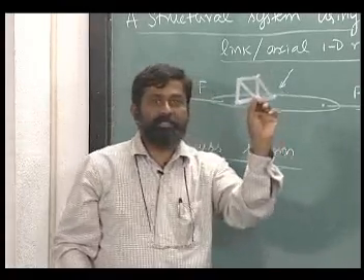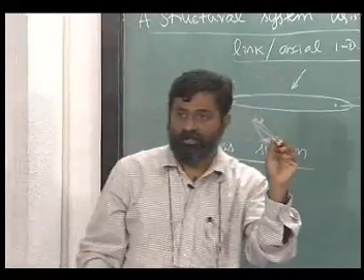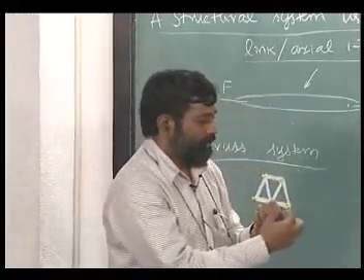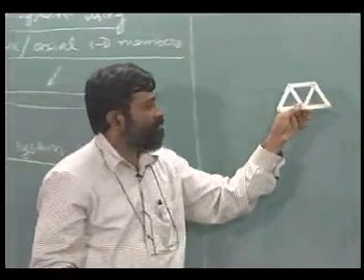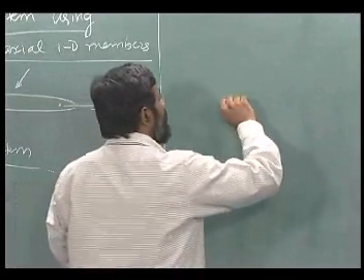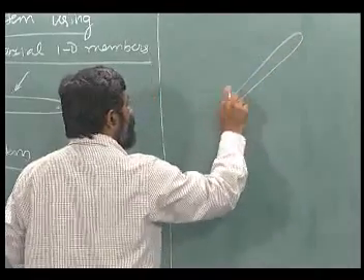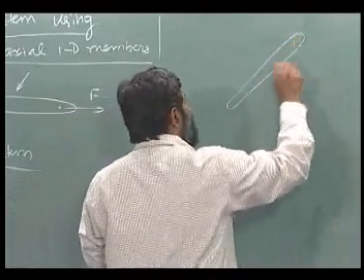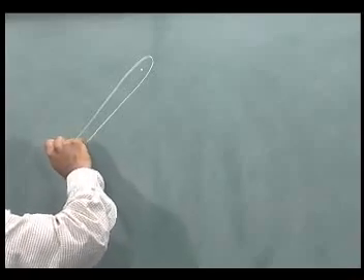One such example we will see in detail, and let us look at an example of this sort itself. Let me draw this. I have such members joined together.